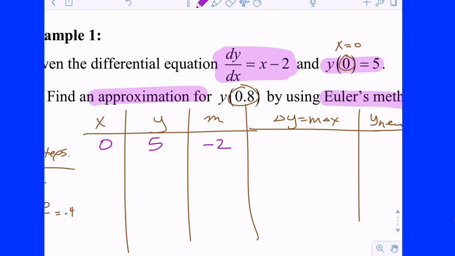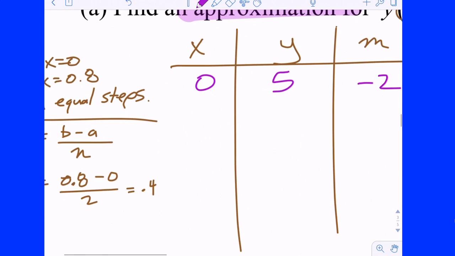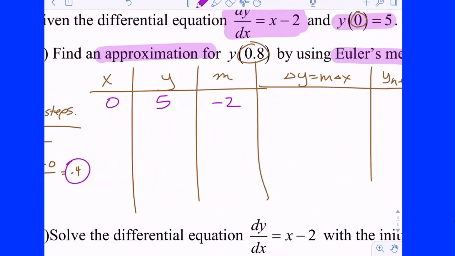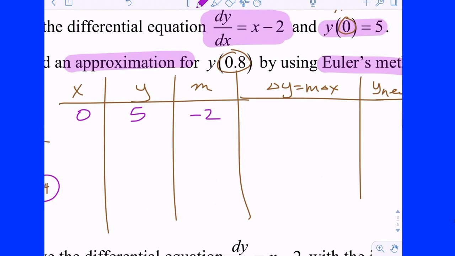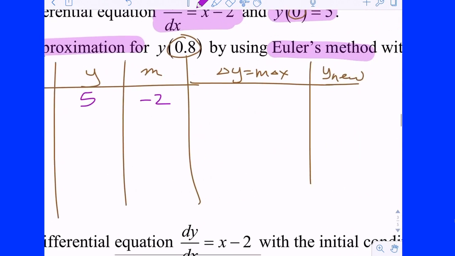We're going to march out along that tangent line, but we're not going to go down 2 over 1 for a net loss of 2 y units. We're only going to scoot over how far? 0.4. We're not going over a full 1. We're only going over 0.4. So we're not going to change a full negative 2. We need to figure out how much we change when we only scooch over a fraction.